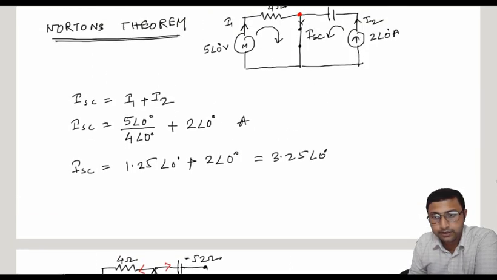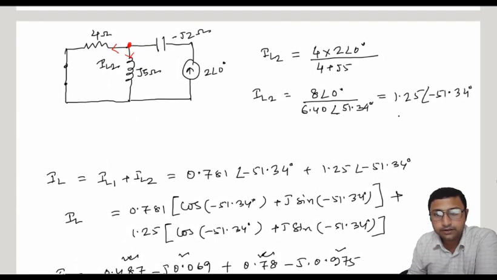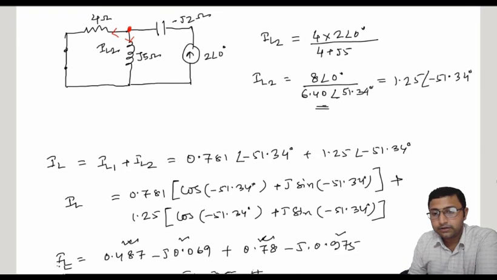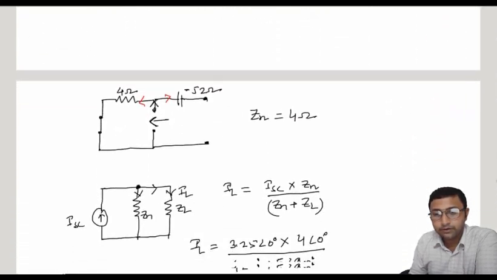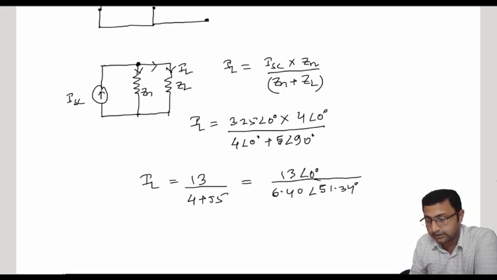If I go back to the first problem, the 4 plus J5, converted into the polar form, the result is 6.40 at an angle 51.34. Yes. So simply put the value, 6.40 at an angle 51.34 degree, and the numerator is exactly the angle 0 degree, nothing else.